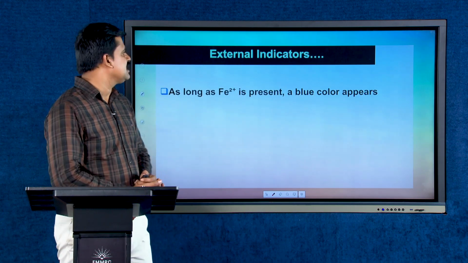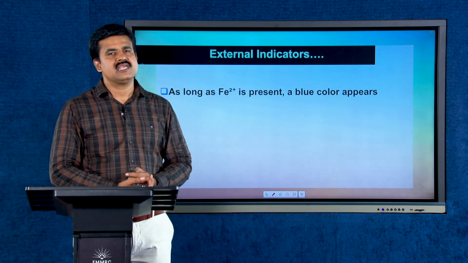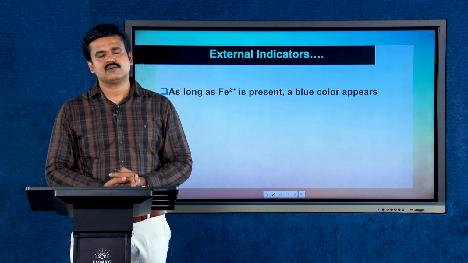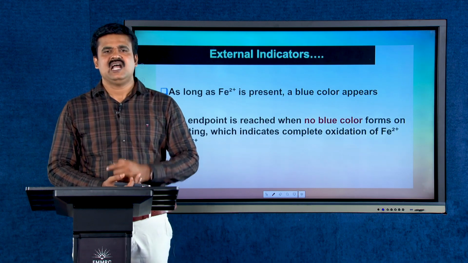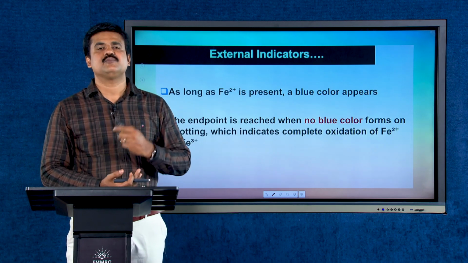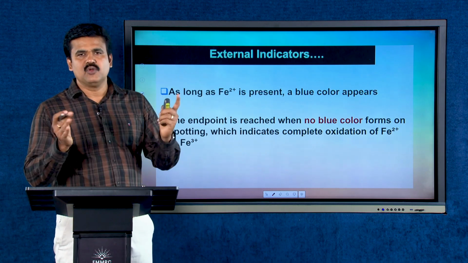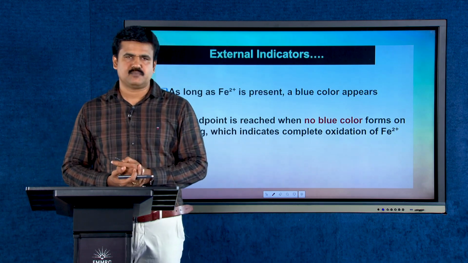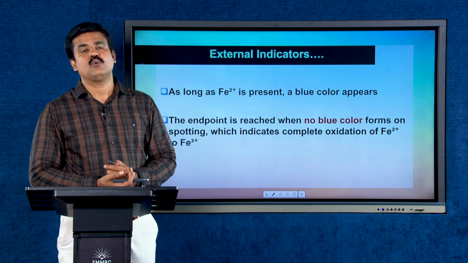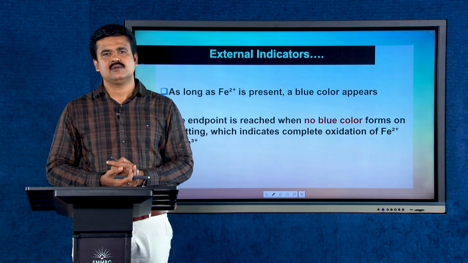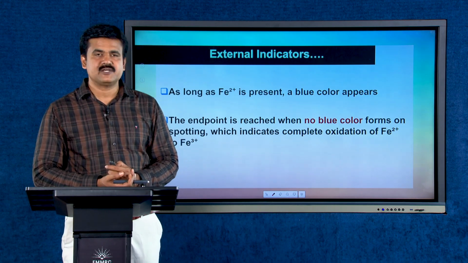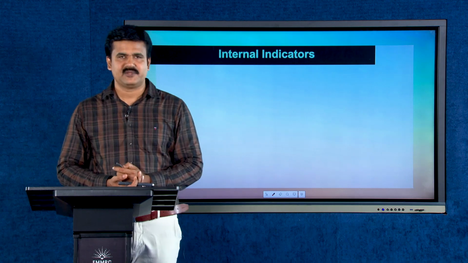As long as Fe2+ is present, a blue color appears. When the end point is reached, no blue color forms on the spotting, which indicates complete oxidation of Fe2+ ions to Fe3+ ions.